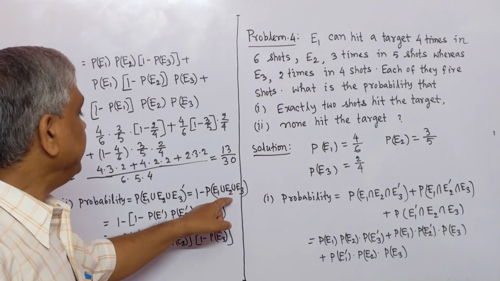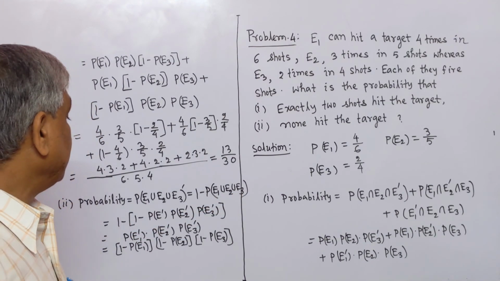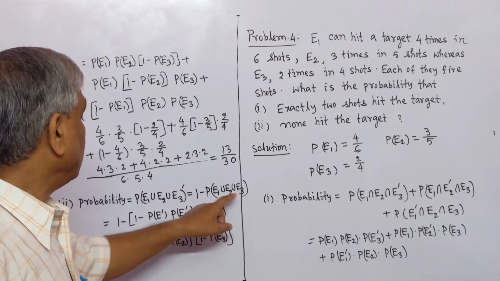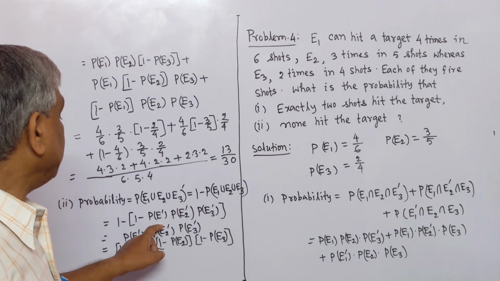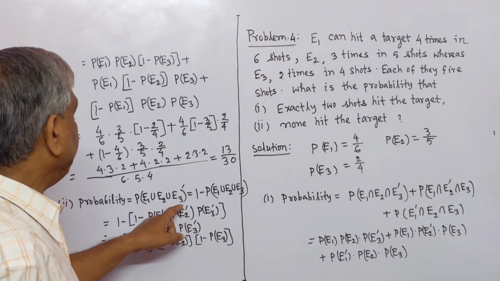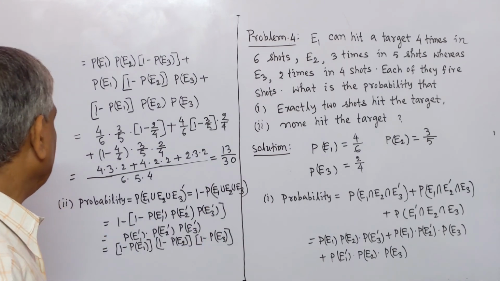Since E1, E2, E3 are all independent events, by the complementation rule this equals 1 minus P(complement of E1) P(complement of E2) P(complement of E3).